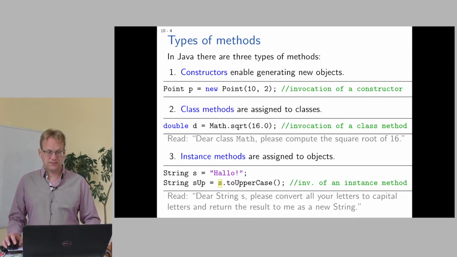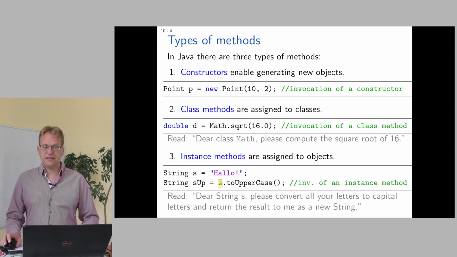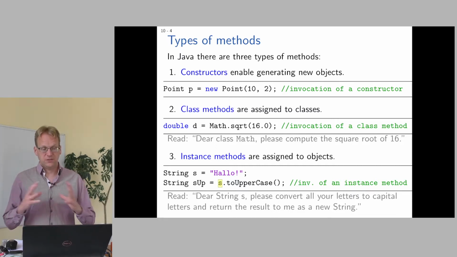In this case s is a string, an object of type String, "Hallo" for example. What this method toUpperCase does now is take this string object and convert all the characters to uppercase letters. So after that you will have "HALLO" just with uppercase characters.